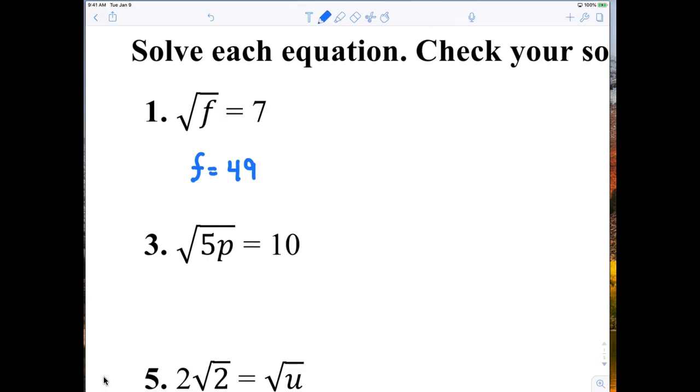So now, how do we get that if we didn't know it was 49? We square. Very smart. To undo a square root, you do what? Square. How do you undo addition? How do you undo subtraction? Addition. How do you undo multiplication? Division. How do you undo division? Multiplication.